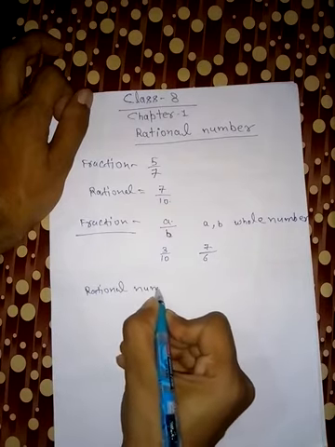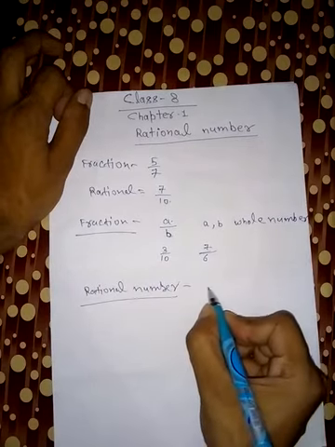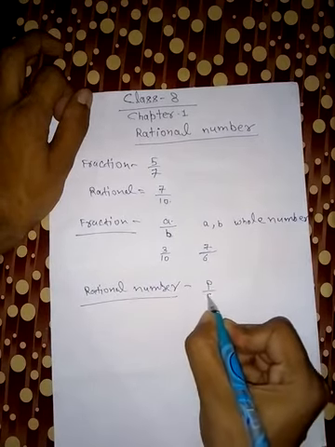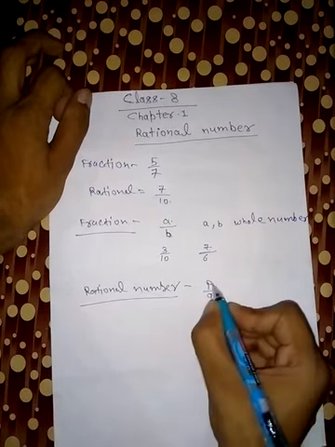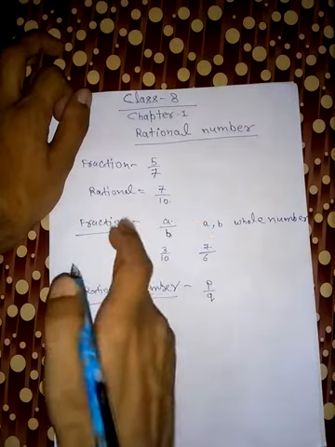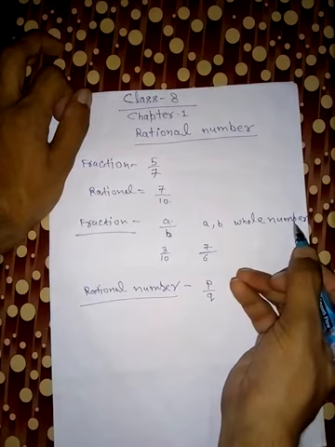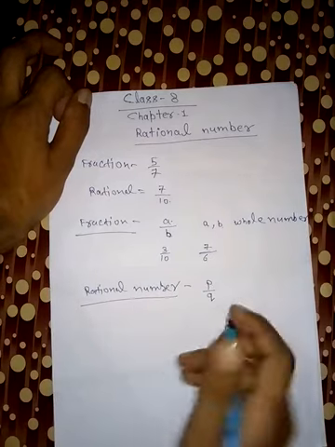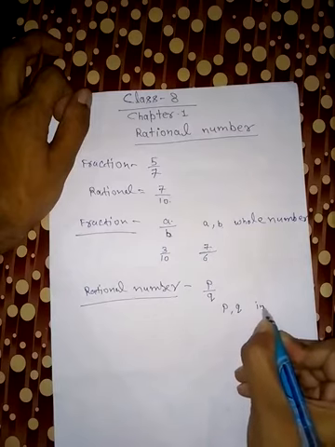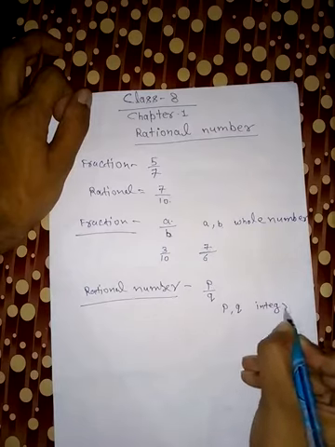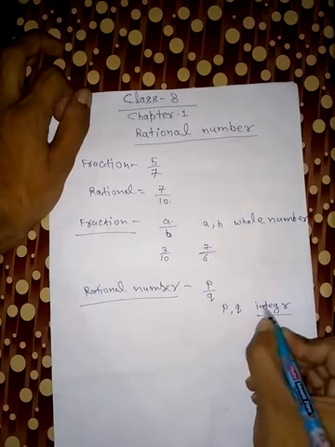A rational number is generally shown in the form of p upon q. And the difference between fraction and rational number is, here a and b must be whole numbers, but in the case of a rational number, p and q must be integers. What do we mean when we say integer?